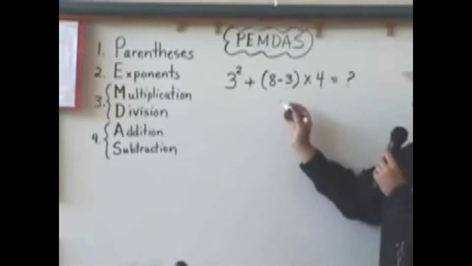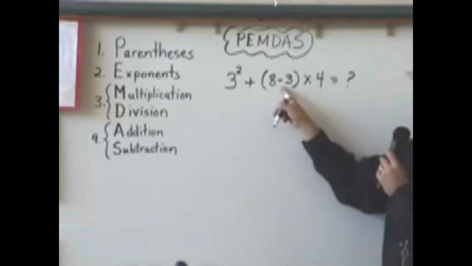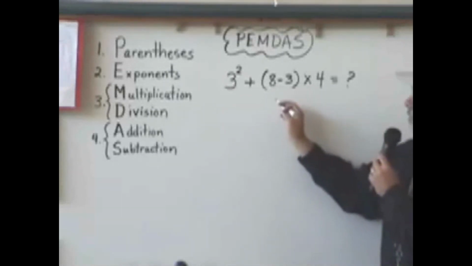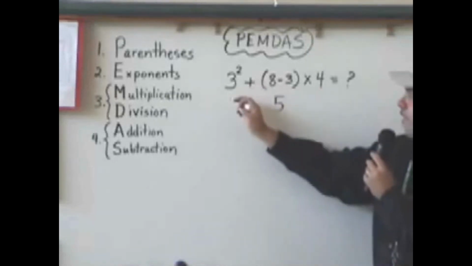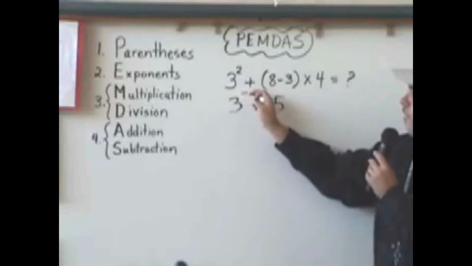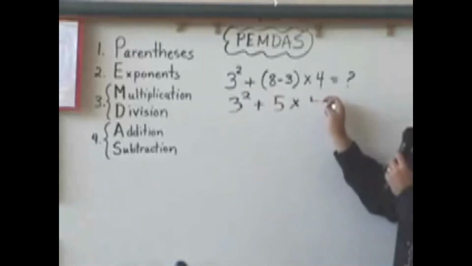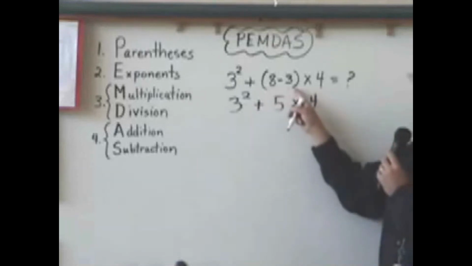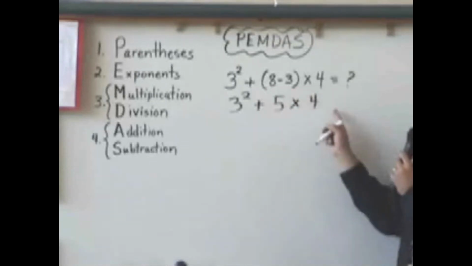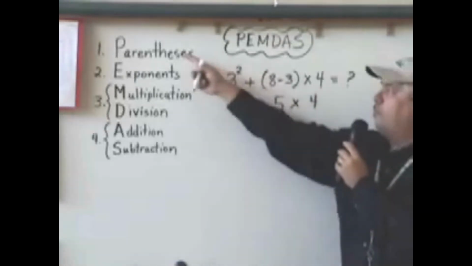So this is what I do first. 8 minus 3 equals 5. So I'm going to write that down. And now I'll just copy down the rest of the problem. 3 to the second power plus 5 times 4. I did parentheses first. There are no other parentheses in the problem, so now I'm going to move down.